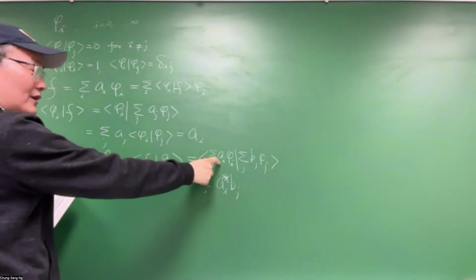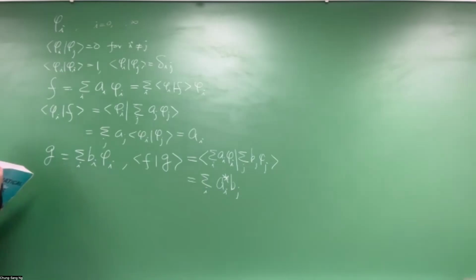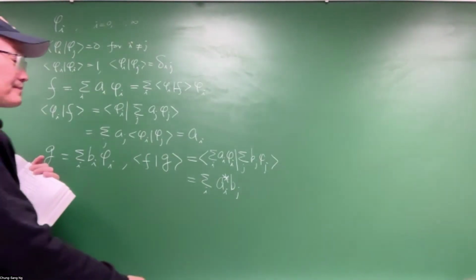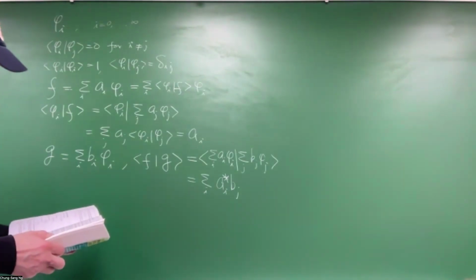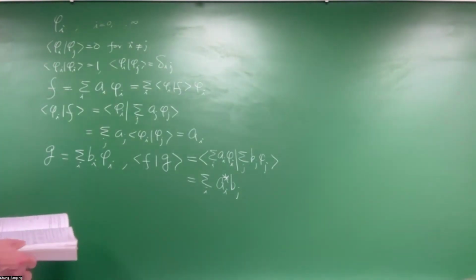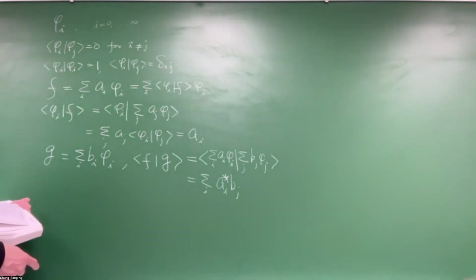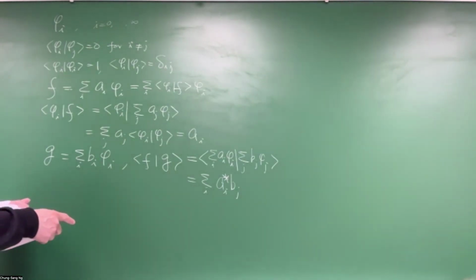Because the coefficient on the left side becomes a complex conjugate. Okay. That is the scalar product of functions in terms of the expansion coefficients.